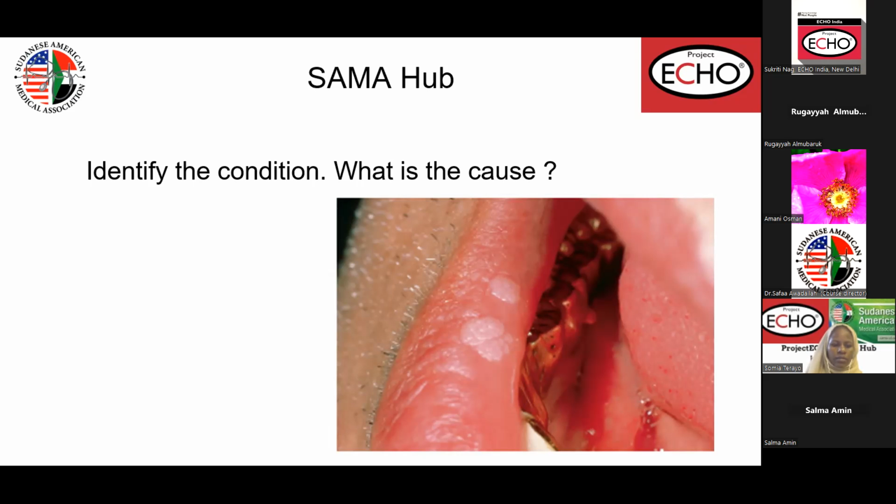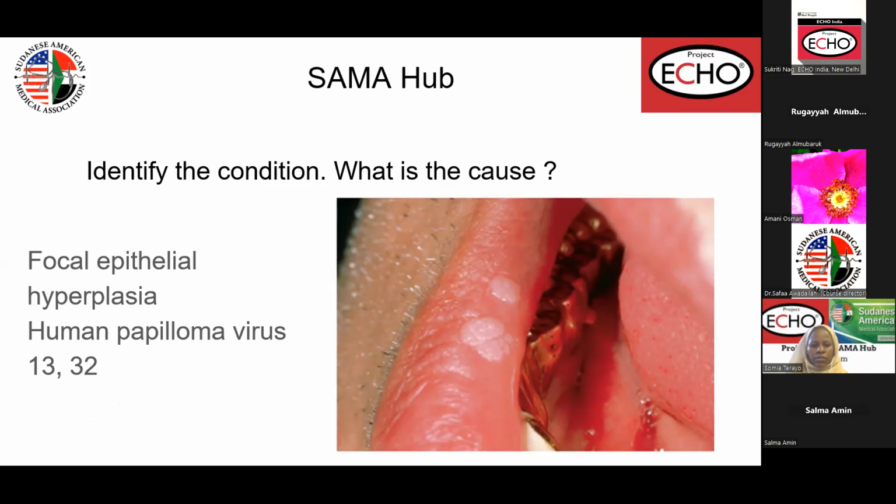Okay. Any suggestions? Squamous papilloma, HSV. Yeah. Okay. Let's reveal it so we don't string people around.